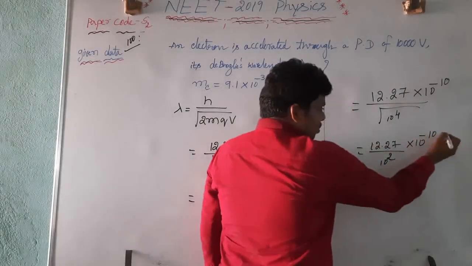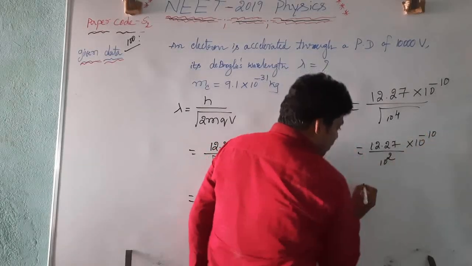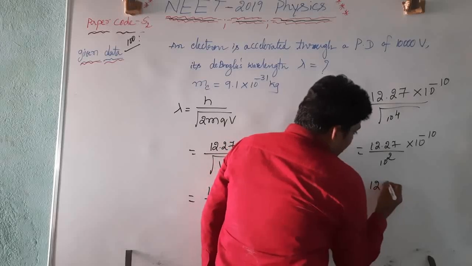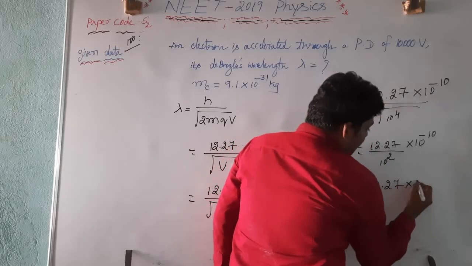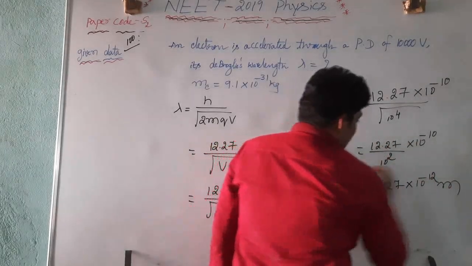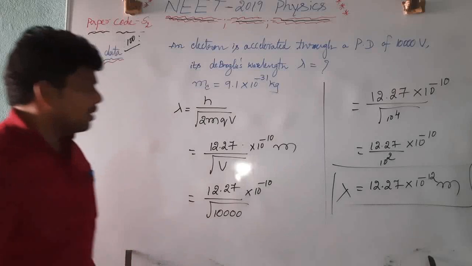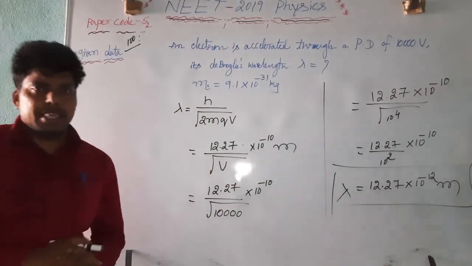If you take this to the numerator, it will be 10 to the power minus 2, and the minus 10. What is the answer? 12.27 into 10 to the power minus 12 meter. This is the de Broglie wavelength of an electron when it is accelerated through a potential difference of 10,000 volt.